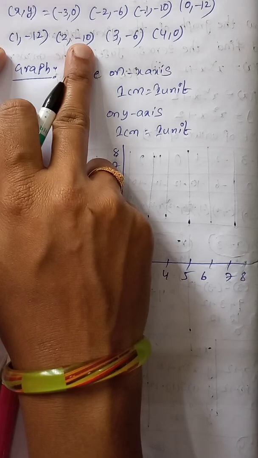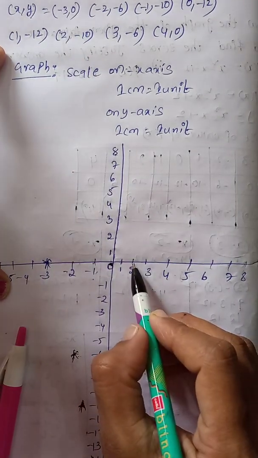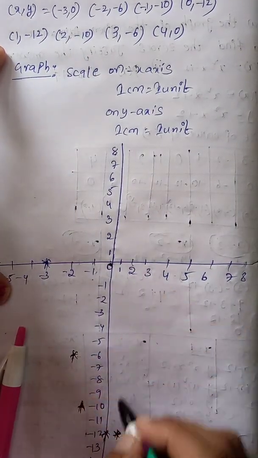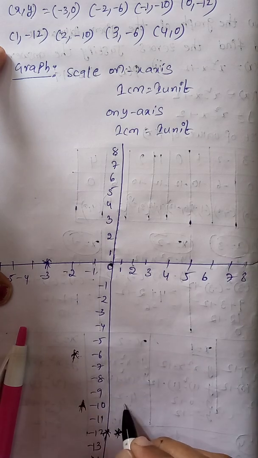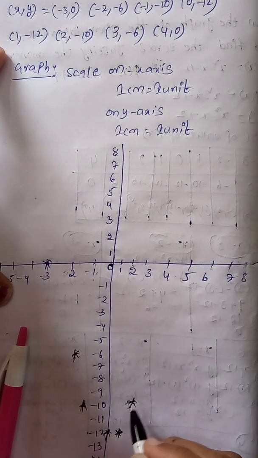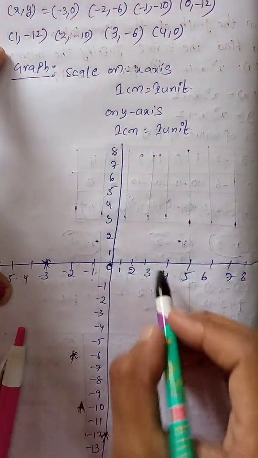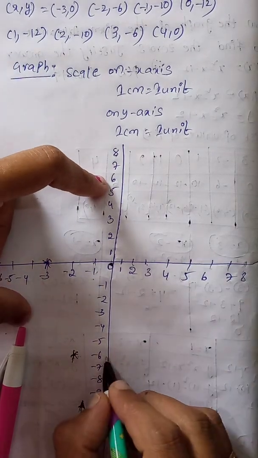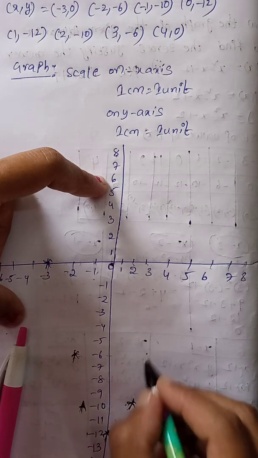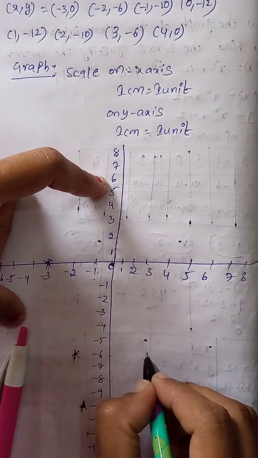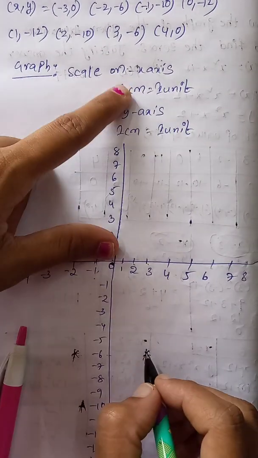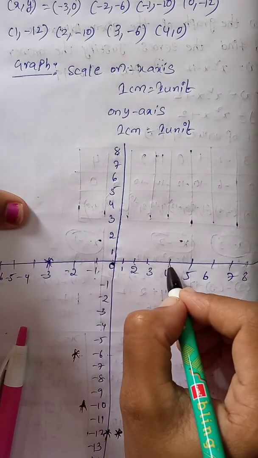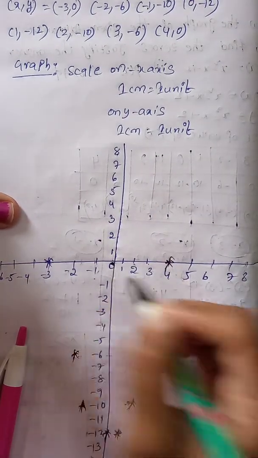Next 2 comma minus 10, x is 2 and y is minus 10. Next 3 comma minus 6, x is 3, y is minus 6, here. Next 4 comma 0, x is 4 and y is 0.